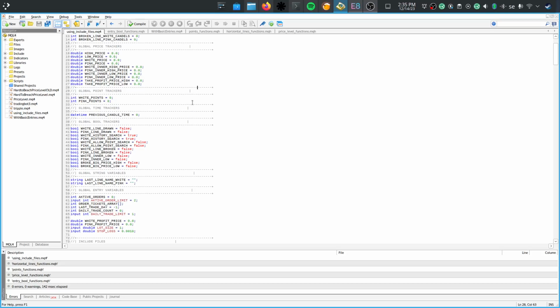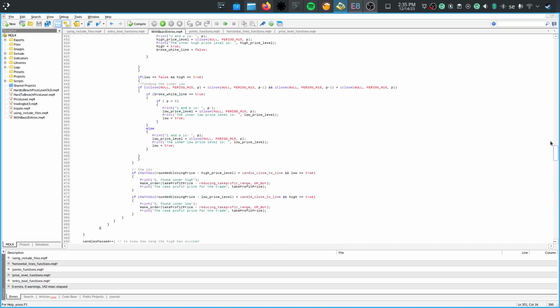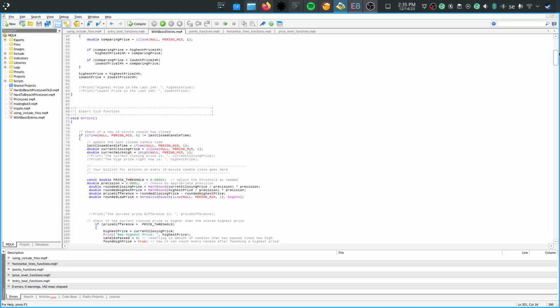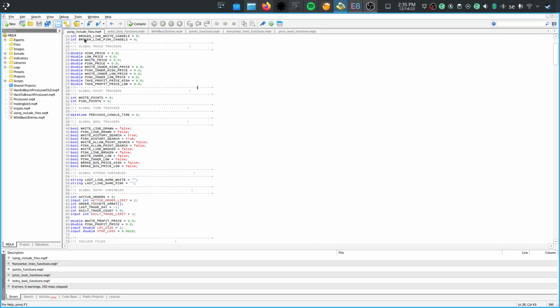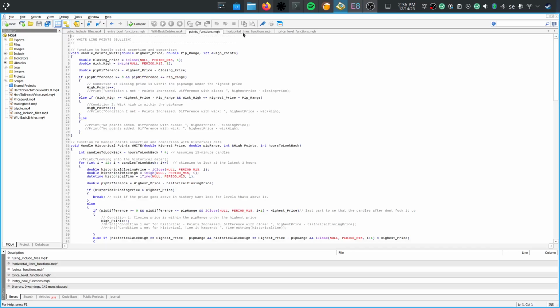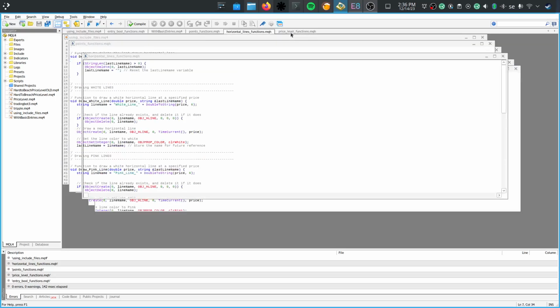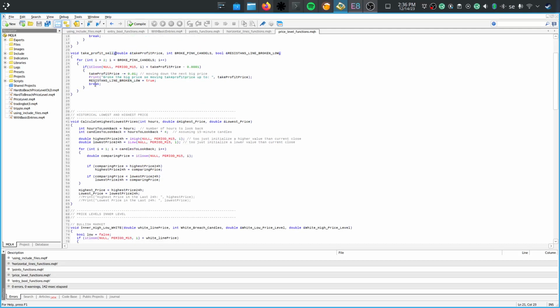I've bought some programs without a lot of structure, and it's kind of chaos, but it works to learn. Now I have include files, I have bool functions, I have points functions, drawing line functions, price level functions for everything.